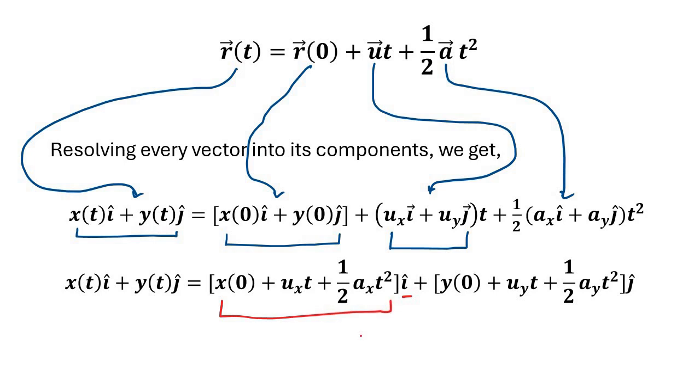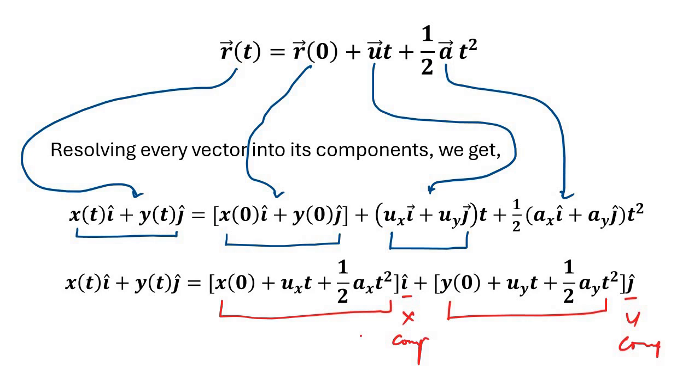Then all the coefficients of j cap together. So we have y0 plus uyt plus 1 half ayt square, coefficients of j cap. So we have separated the whole equation in terms of the x component and the y component.